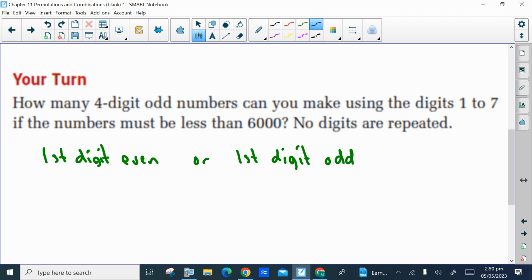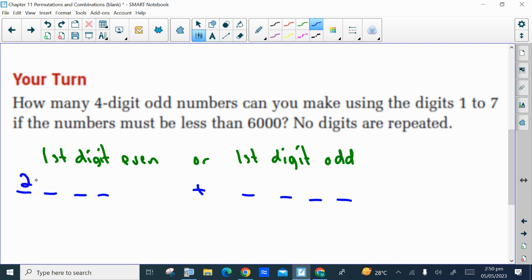What's different about this one compared to the one we did before is this one has 4 digits, where I think the other one was a 3-digit number. Also, the number has to be less than 6,000, so the first digit cannot be greater than 5. It can be a 1, 2, 3, 4, or 5, right? But this first scenario means the first digit has to be even, so now it can either be the 2 or the 4.